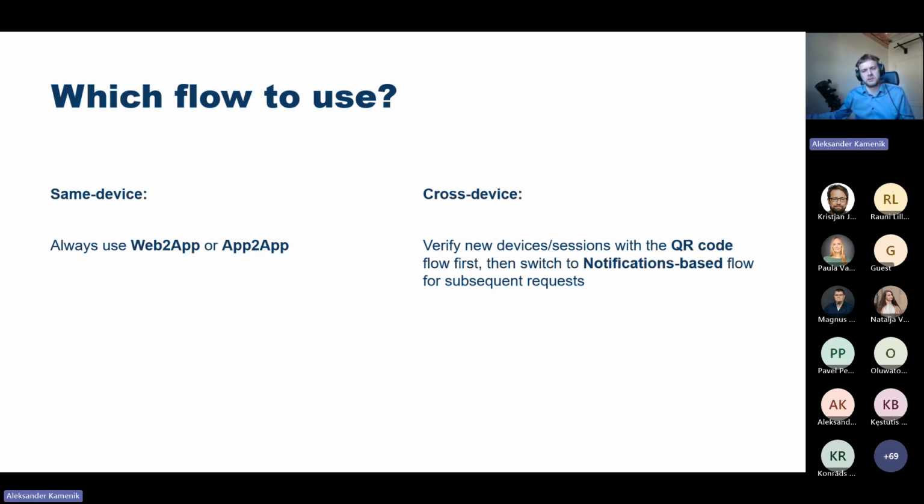And once you have identified them, right, you have done, for example, a successful authentication flow, identified that user, and now know that that browser and that user, they have gone through the QR code flow. Then after that, you can use the notification-based flow for other requests. So for example, for signing. So the user logs in with the QR code for authentication, but then you get a notification for signing a document or whatever the use case is.